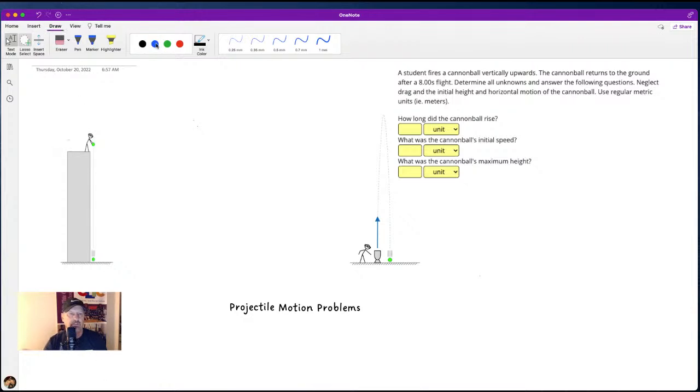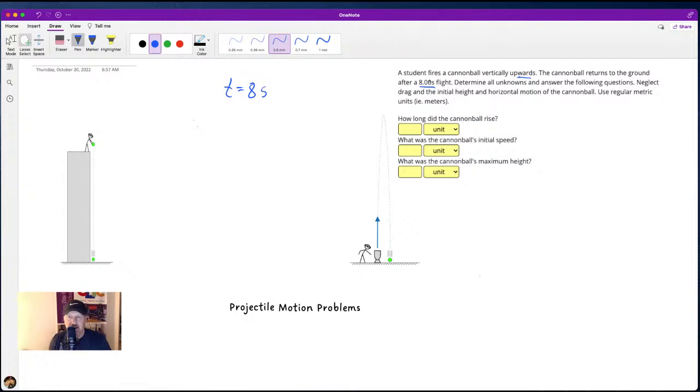Okay, so let's see here. Let's get going. So first of all, I like to start with writing a list. Student fires a cannonball vertically upwards. Cannonball returns to the ground after an 8-second flight. So time equals 8 seconds.